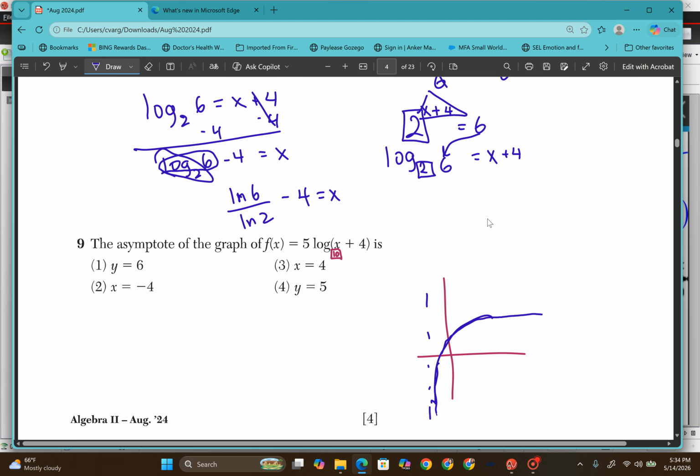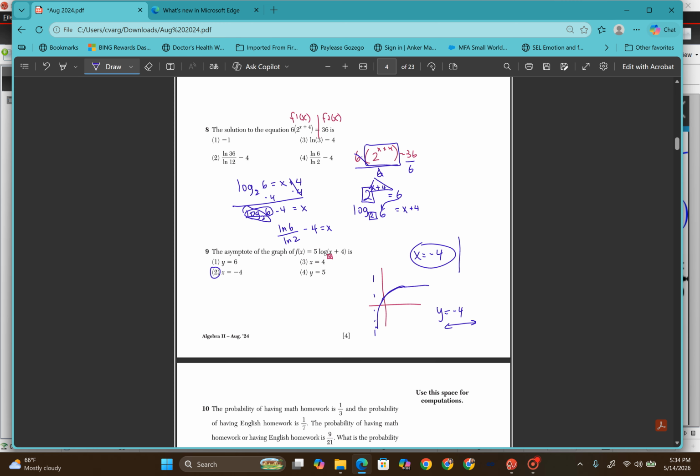So how do we write this? A vertical line is where x equals negative 4. The horizontal line is y equals negative 4, a line that looks like this. So we want a vertical line, so it's x equals negative 4, which is choice 2. Okay, so question number 9 has an answer of choice 2.